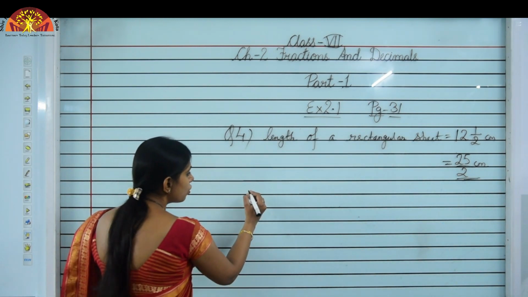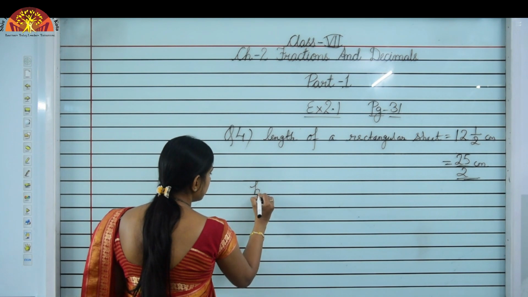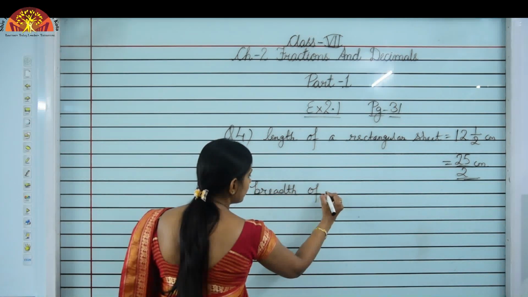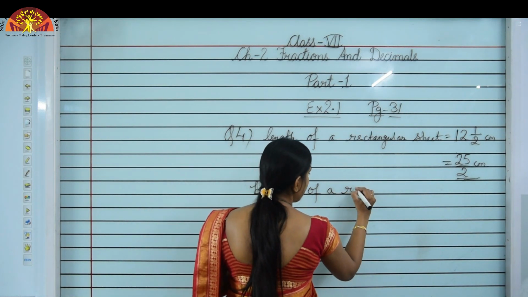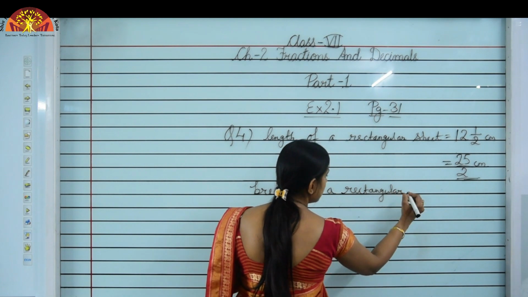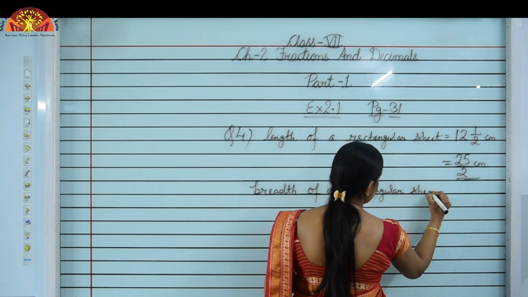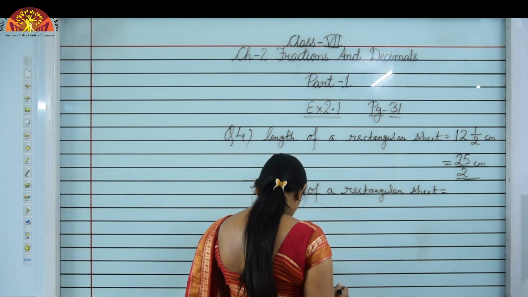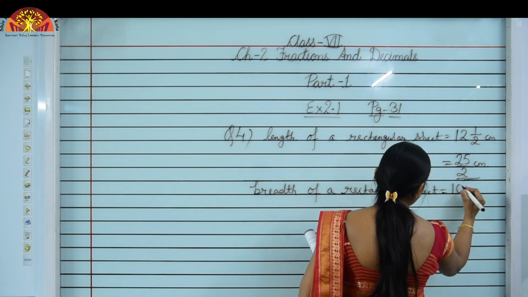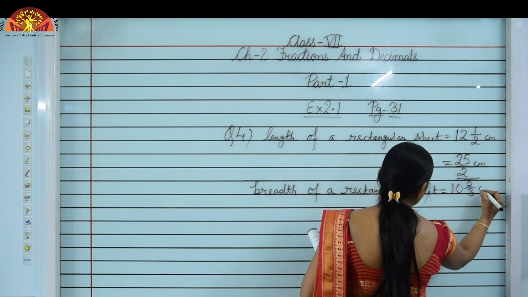Now we'll just talk about the breadth. That is, breadth of a rectangular sheet which is given to you as 10 2 upon 3 centimeter.